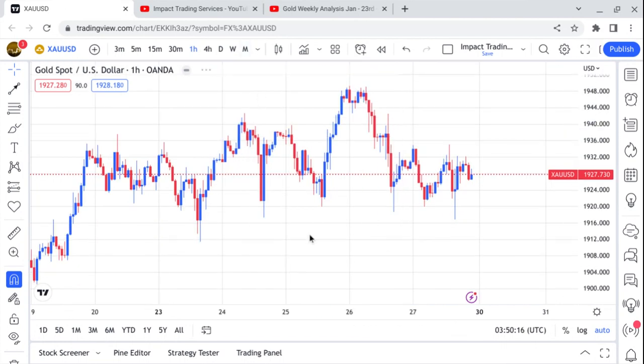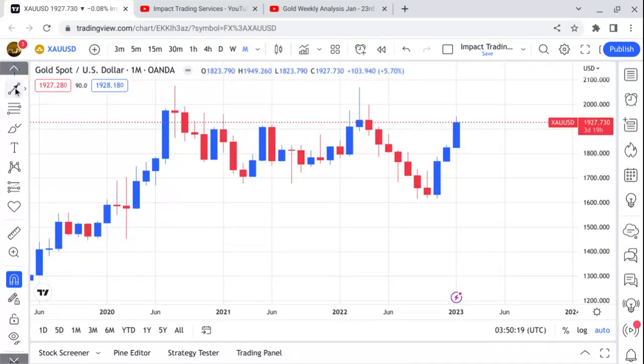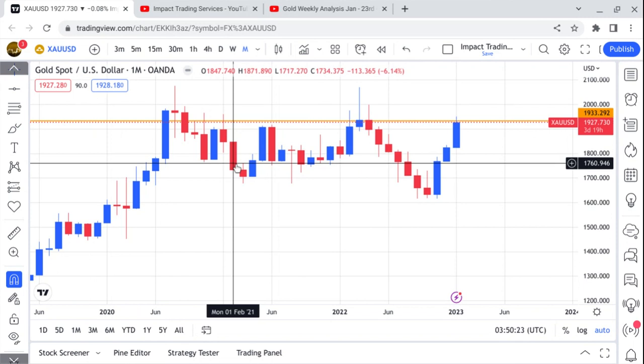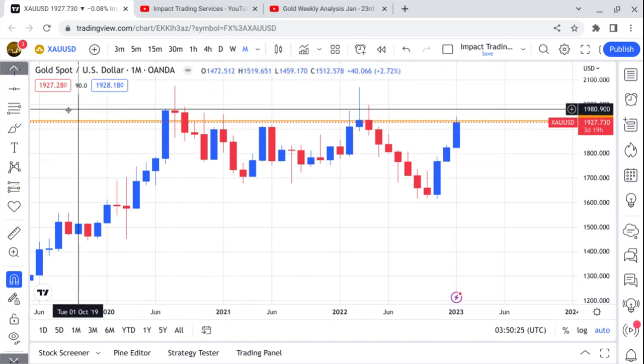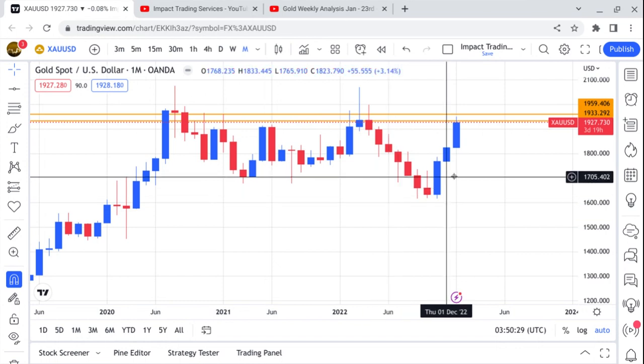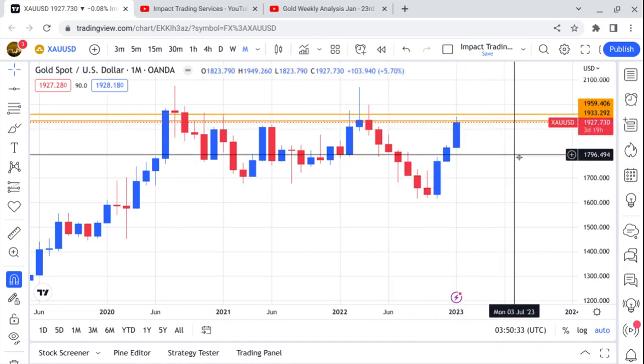What we want to look at right now real fast are these levels right here. When you see wicks like this on the monthly chart or weekly chart, that indicates price came up and quickly retraced. That's good for when price wants to enter into these areas again.